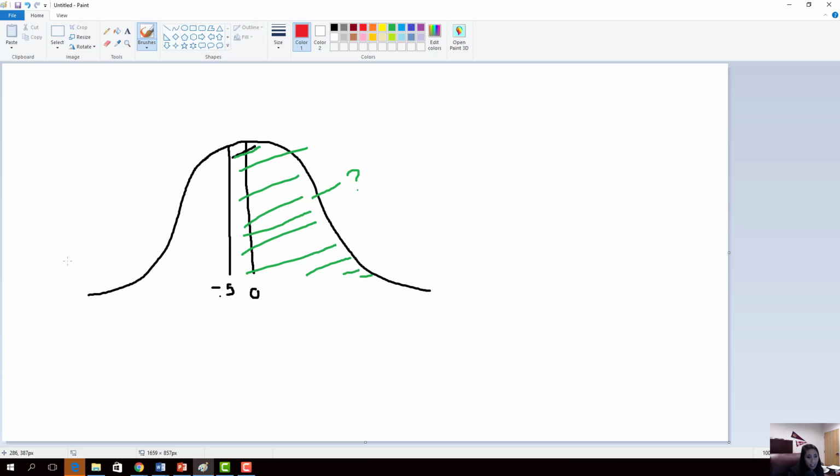Well, I give you the information that a z-score of negative 0.5 corresponds to 0.3085 on the cumulative standardized normal distribution table. And that 0.3085 corresponds to this area right here, right? That cumulative distribution table tells you the probability below that z-value. So this right here is equal to 0.3085.